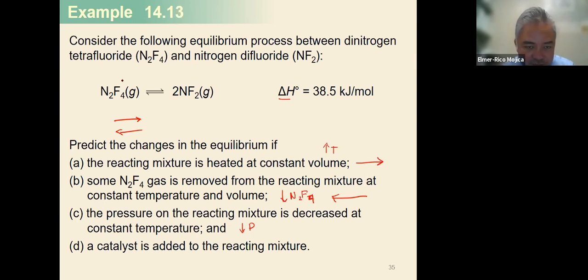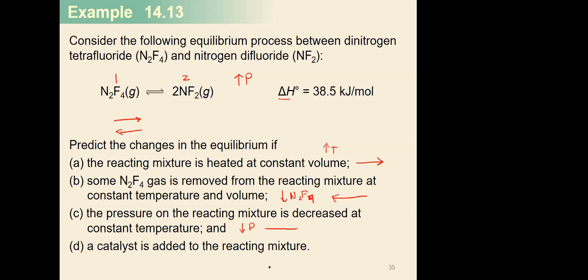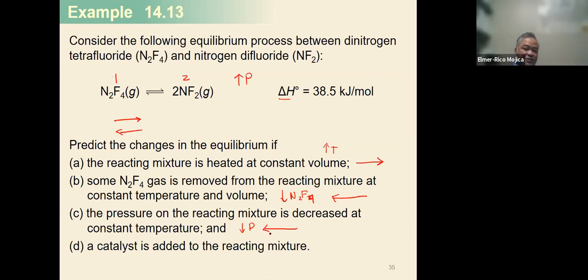How many moles do you have on this side? 1. And how many moles on the other side? 2. So you increase the pressure. Which one is favored? The formation of the reactant or the formation of the products? Formation of the reactant. So the backward reaction is the one favored because you increase the pressure.